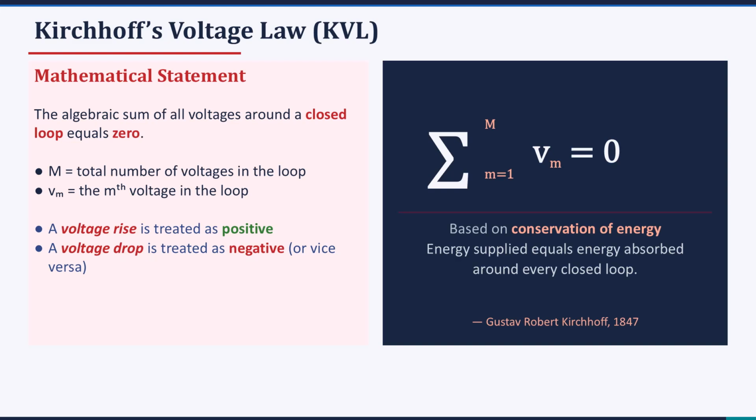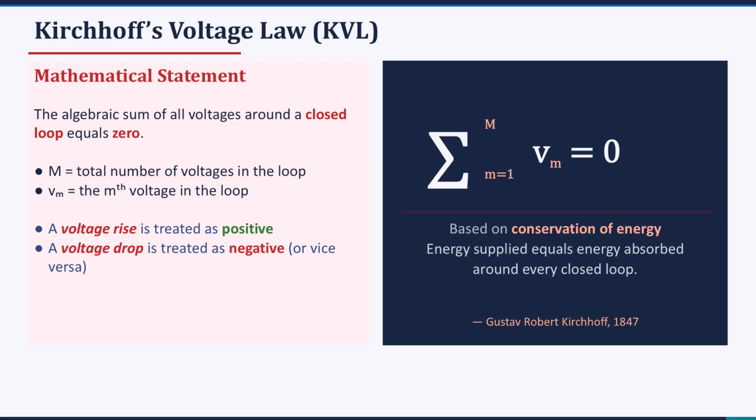The sign convention for KVL is: a voltage rise is treated as positive. A voltage drop is treated as negative. Again, the reverse convention, rise negative, drop positive, also works as long as you are consistent.